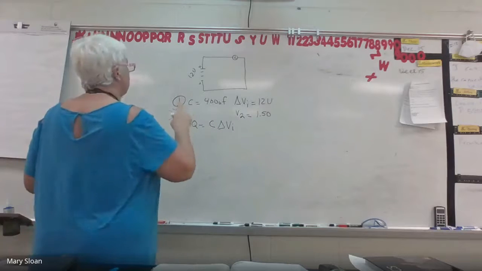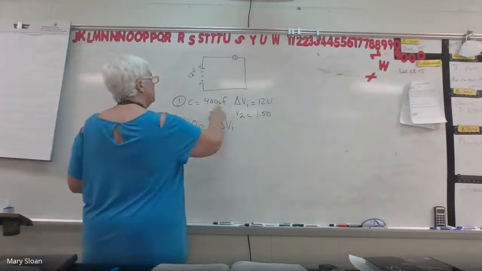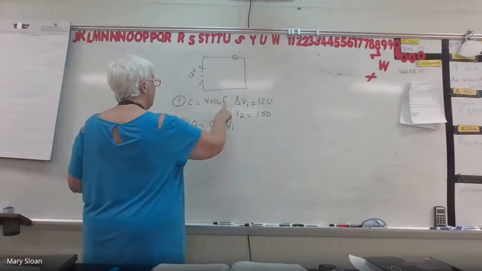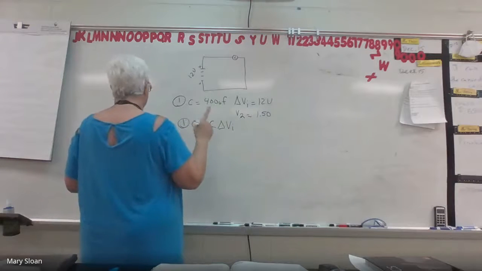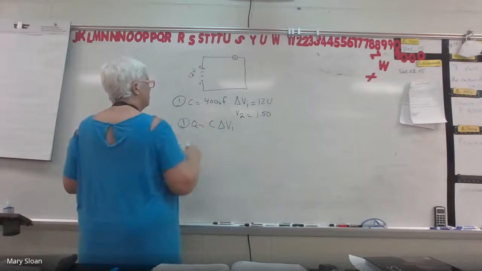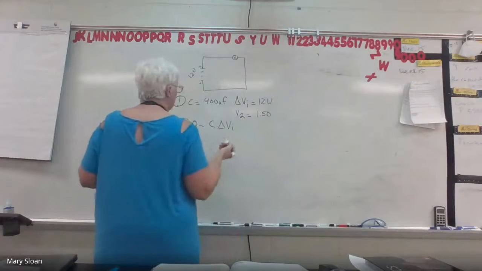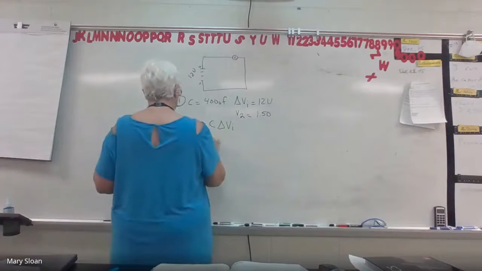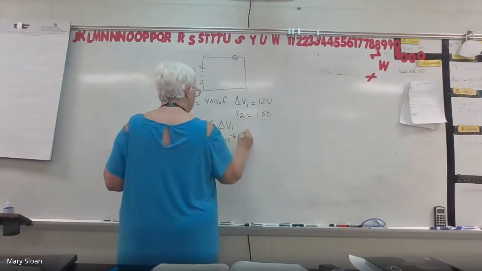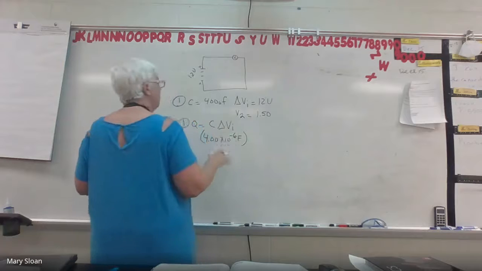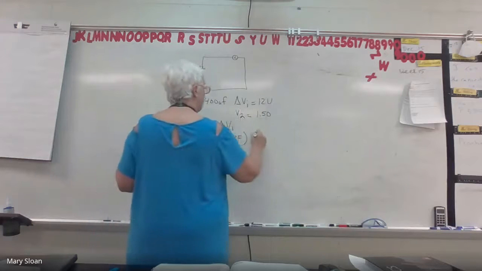For C, we have these units of microfarads, and we're going to change that to farads instead. To do that, we move our decimal place over. So now our C equals 4.00 times 10 to the negative 6 farads. And we're going to multiply that by our voltage, which is 12 volts.